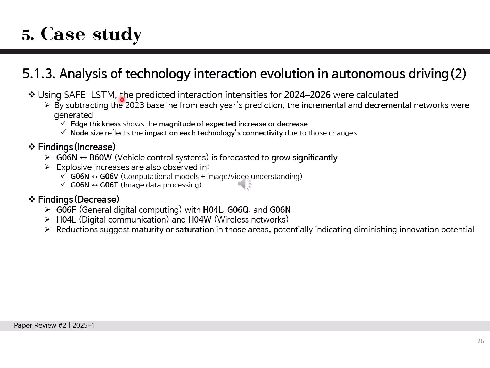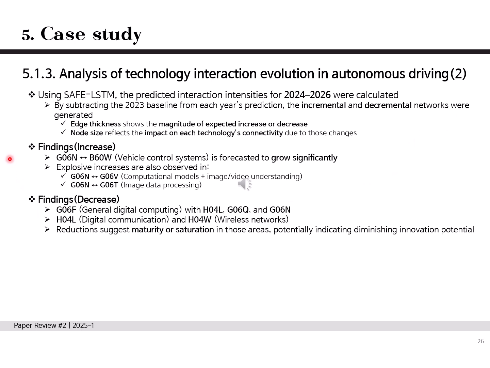As for the result of this part, they used the SAFE-LSTM to predict the interaction intensity for 2024 to 2026, and they subtracted the 2023 baseline from each year's prediction, and the incremental and decremental networks were generated.